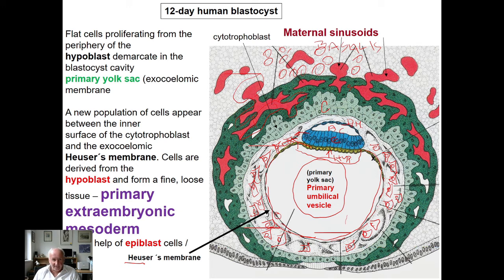The primary yolk sac is surrounded by hypoblast cells and Heuser's membrane, another name, the exocoelomic membrane. Primary extraembryonic mesoderm cells are from hypoblast and epiblast, not anymore from cytotrophoblast, as was meant before.